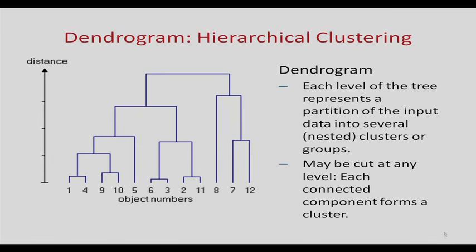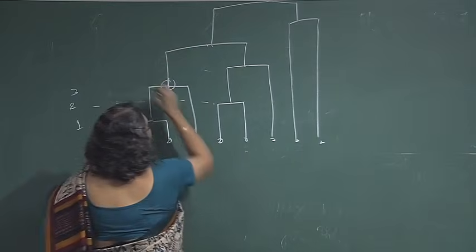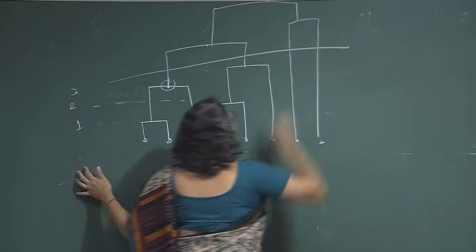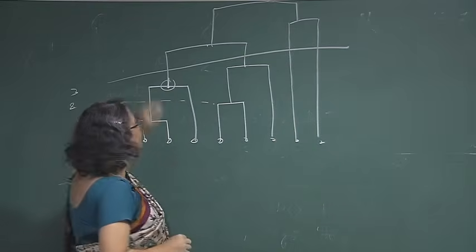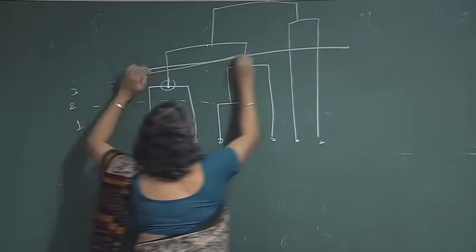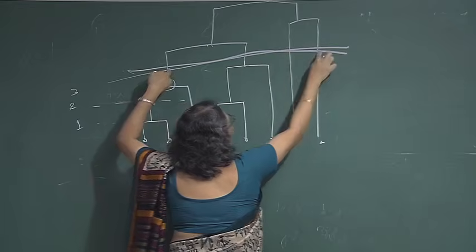This tree may be cut at different levels. If you cut at the root, you get only one cluster. If you cut at a particular level, this will give you a certain number of clusters. For example, this cut gives you 1, 2, 3, 4 clusters.